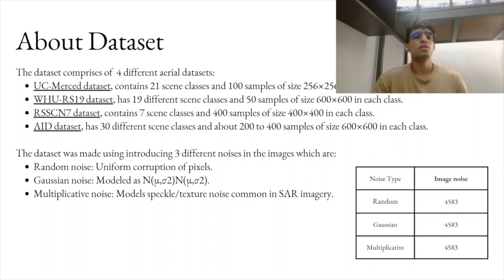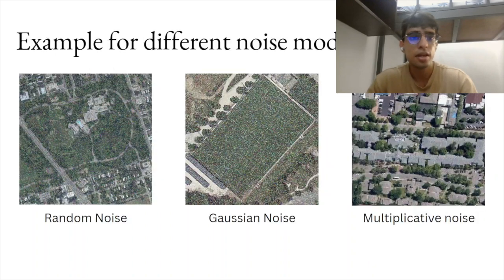The dataset was made using three different noises, and all three noises were introduced to the images randomly, and an equal amount of each noise was present in the dataset for each of the images. So there were a total of 4,583 random, Gaussian and multiplicative noises. The noises, as you can see in the presentation, are there.